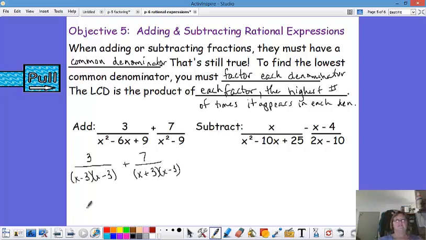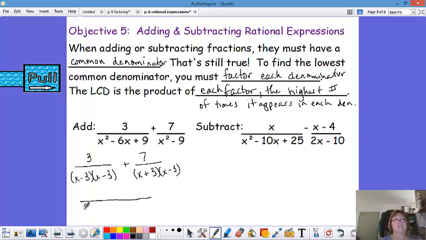All right, to find our common denominator, because that's our job, we're going to put all of this over the same denominator. And what this says is we have to have each factor the highest number of times it appears in each denominator. Well, that means we have to have an x minus 3, and we need it twice because it appears here twice.